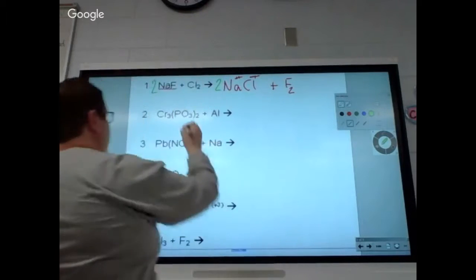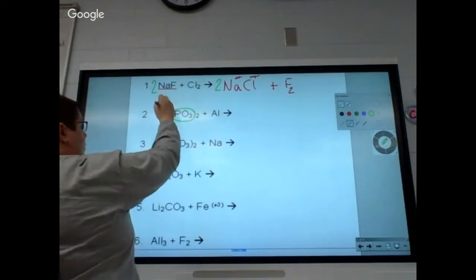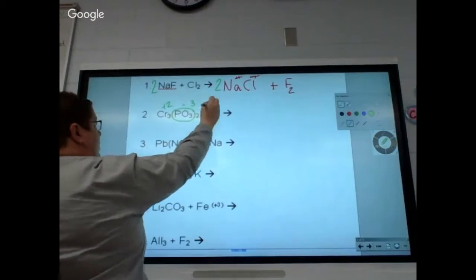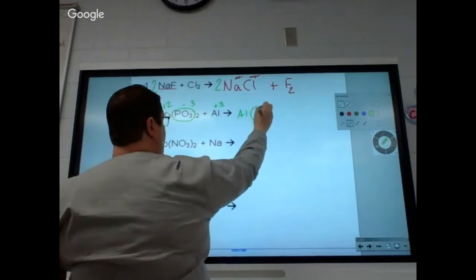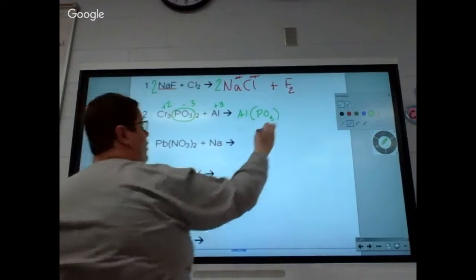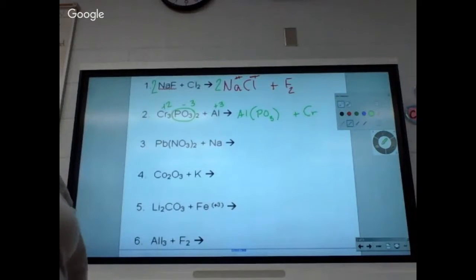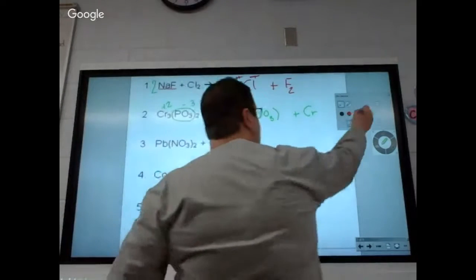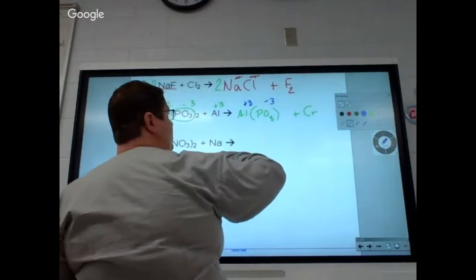Number 2, this 3 is in parentheses. It gets to go across. +2, -3, +3. So, aluminum is going to be with PO3. When you switch that positive, chromium will be by itself. Notice the only number that came across the arrow was the one in the parentheses. So, +3, -3. What's going to happen to those 2?